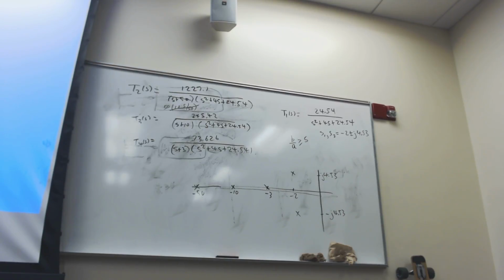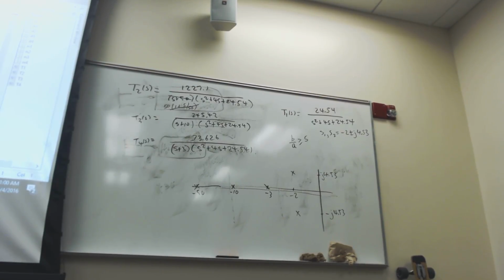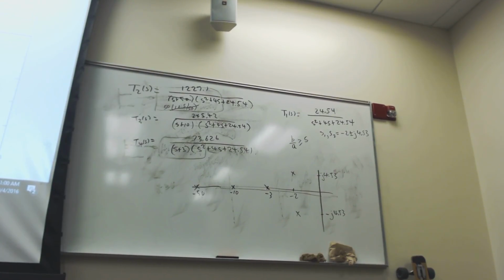Let's take a look at that one. That one is coded in the file second order response 1. And there it is right there. If I execute that, all right, T1 is the quadratic, that's the blue here.